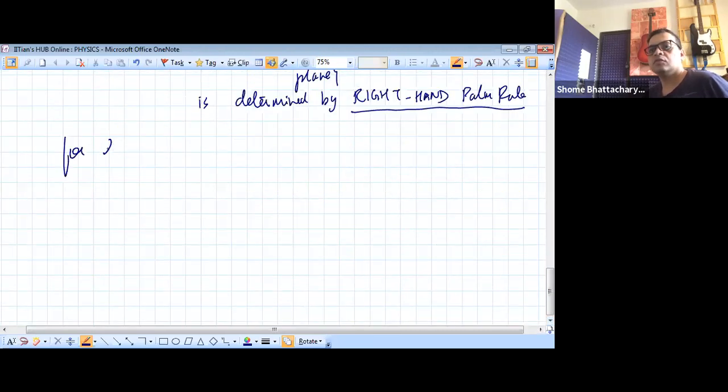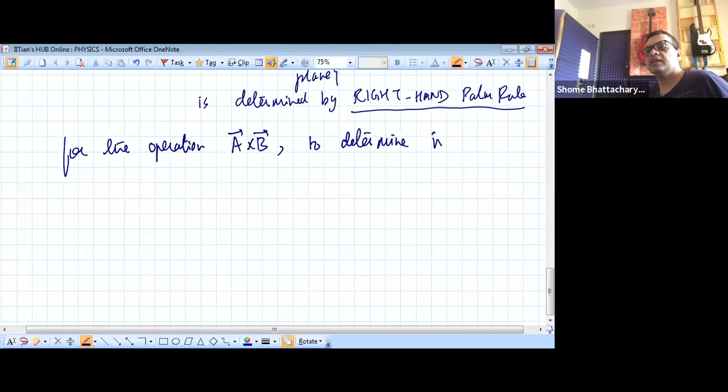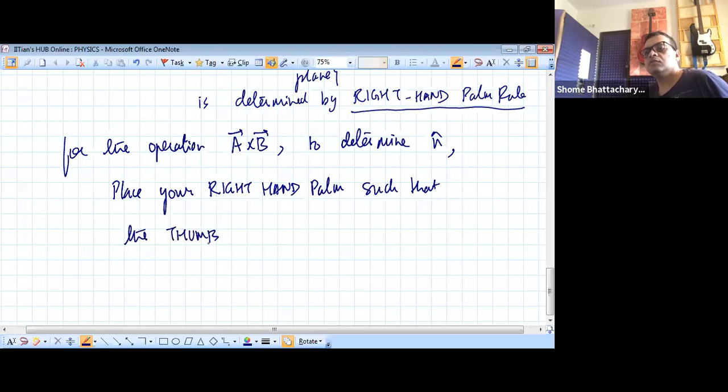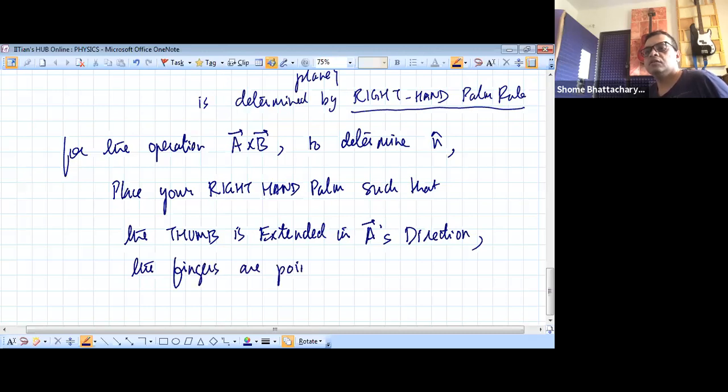So for the operation A cross B, to determine n cap, what we do is place your right hand palm such that the thumb is extended in vector A's direction, okay, and the fingers are pointing towards vector B's direction.